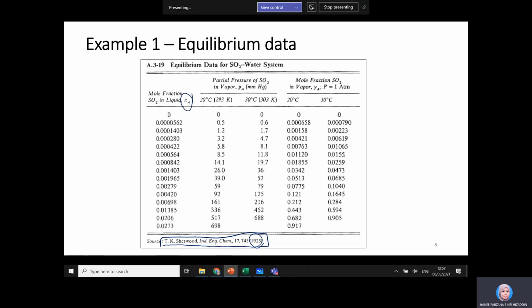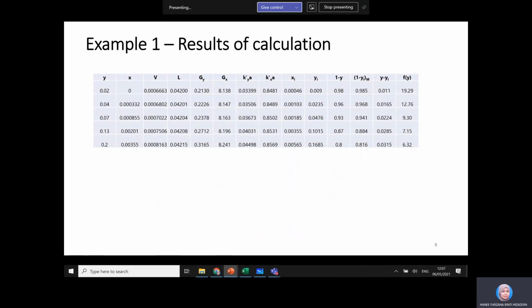So this is XA, and I think we are more interested in using YA straight away. So we're going to use XA and YA at 293 Kelvin, so 20 degrees Celsius. These are the two columns that we're going to effectively use as the equilibrium data for this problem. Okay, here I already show you the result of the calculation, but I'm going to walk you through how to get the table.